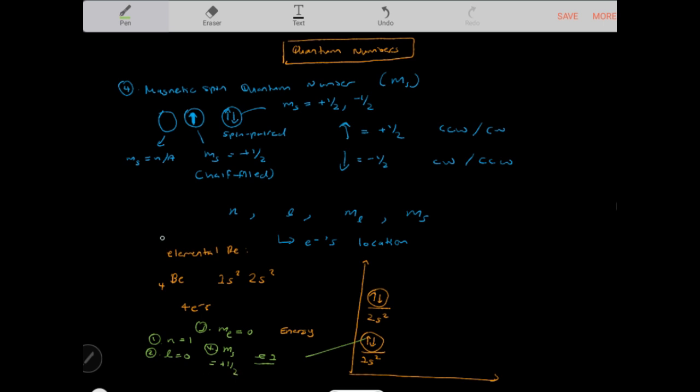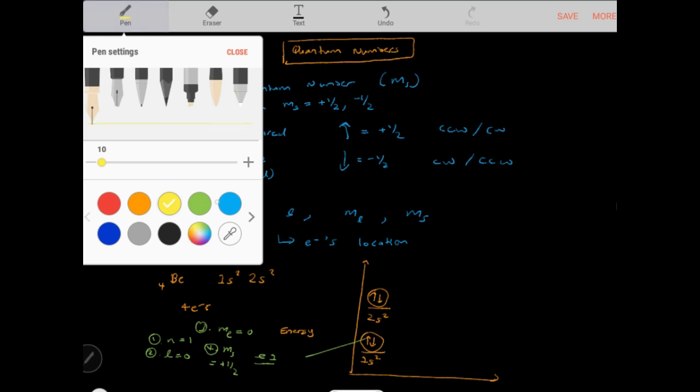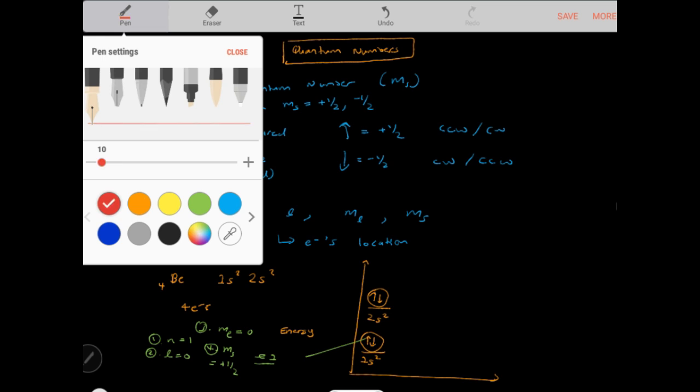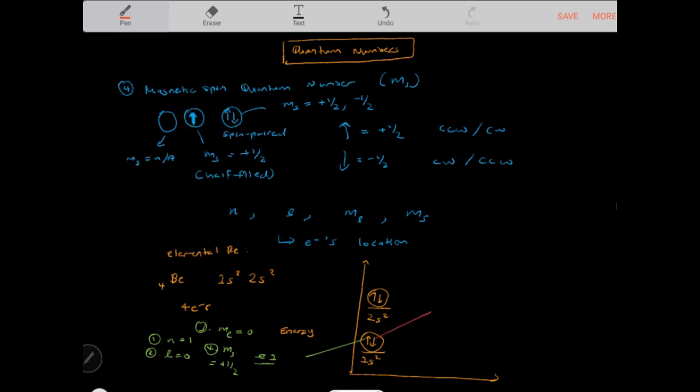But let's say that we're looking at its neighboring electron. So let's take a look at this guy. This is electron 2. Okay, first quantum number, primary quantum number, the shell number is n is equal to 1. Second quantum number, the subshell number, L is equal to 0. Third quantum number, ml, can only be negative L to positive L, which is 0.